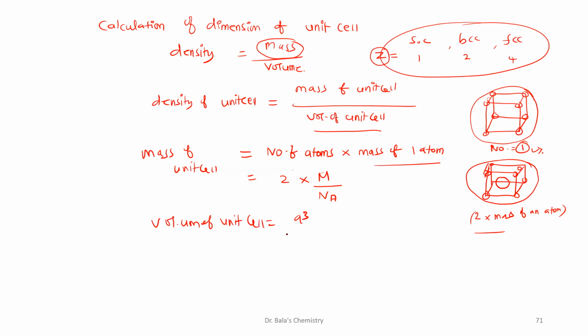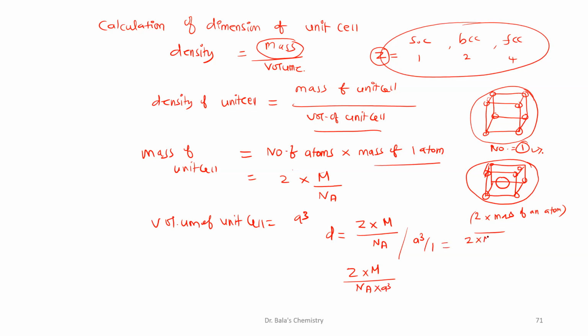So the density is Z into M by Avogadro number, the whole divided by a cube. That is Z into M by N A into a cube.